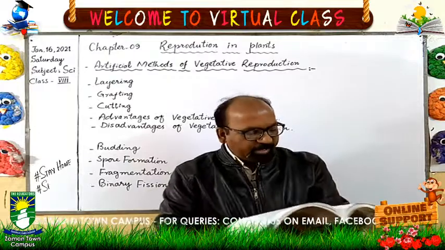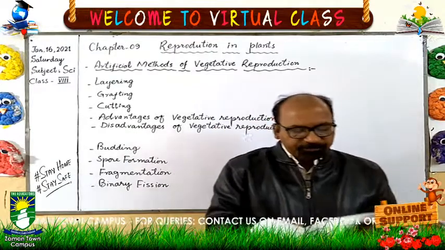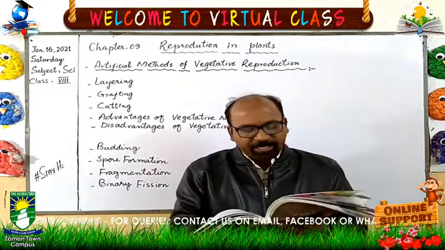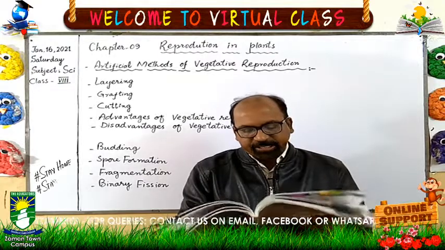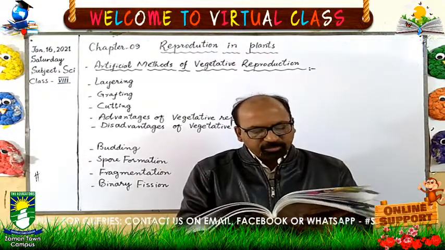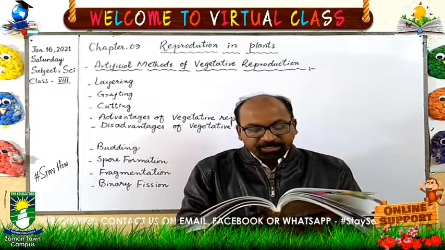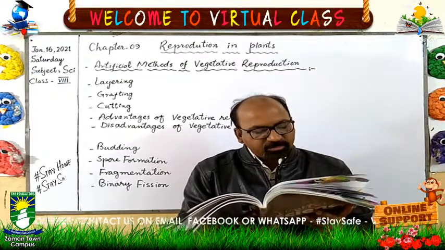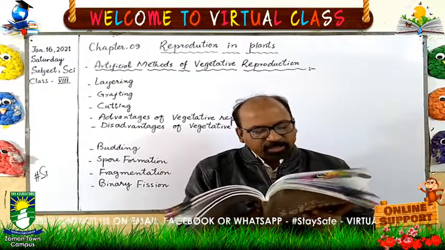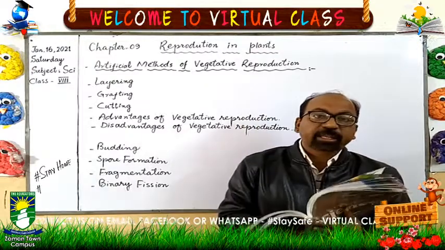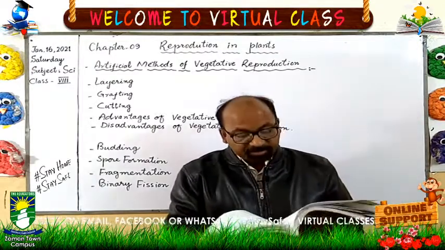Okay, so in a large number of fungi and bacteria such as yeast and bread molds, spores are produced from the parent body and germinate to give rise to young ones once the conditions are favorable. They can grow if the conditions are favorable.